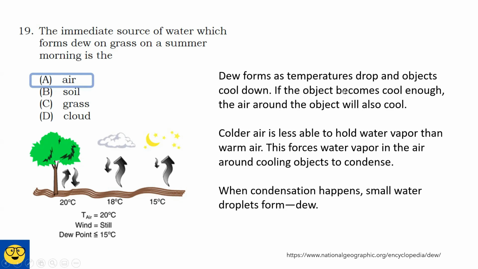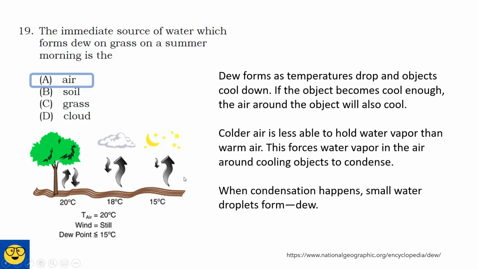So if the object becomes cool enough, the air around the object will also cool. So yun nga, lalamig yung air kapag gabi na. And then colder air is less able to hold water vapor than warm air. This forces water vapor in the air around cooling objects to condense. So, yung air dito, magko-condense siya, which will form dew.